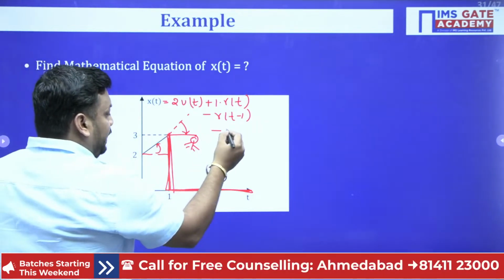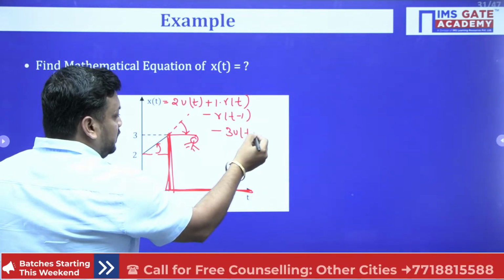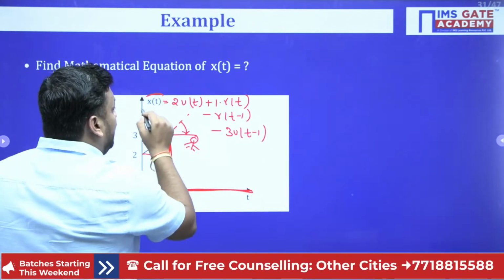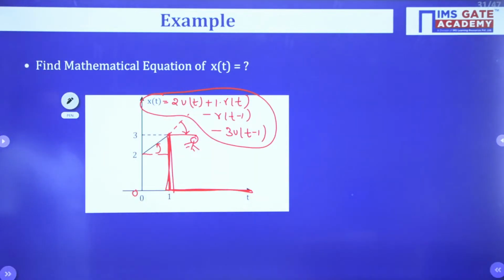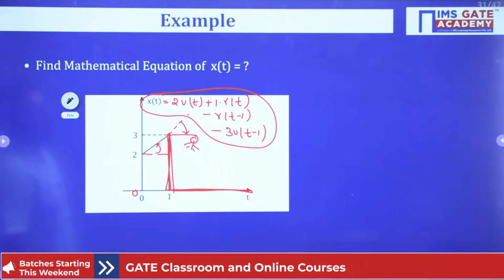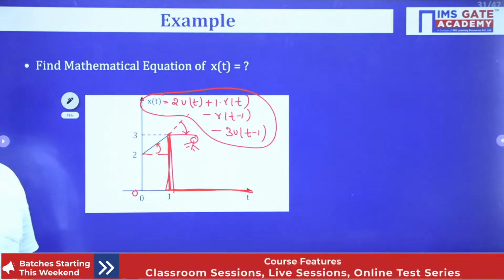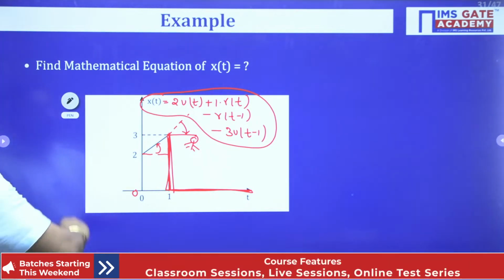So you will have minus 3 into u(t minus 1). So what you will have? Twice of u(t) plus r(t) minus r(t minus 1) and minus 3 into u(t minus 1). Exactly same. Very good, Rishabh. I am very happy with your answer. Shabash.